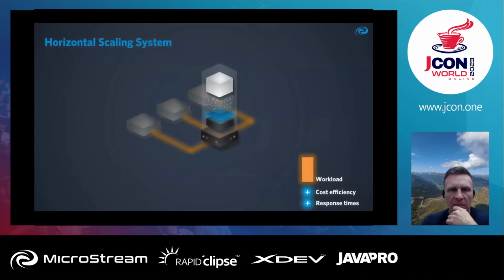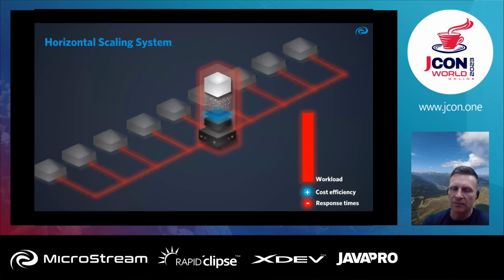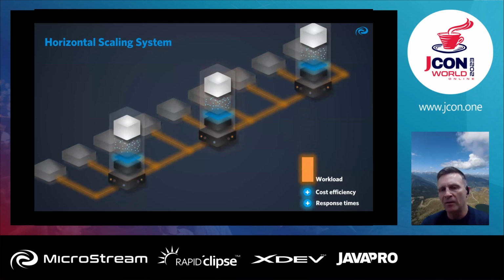This is great, but there are also some challenges, and there are a lot of challenges for us. So this is how it actually works. Horizontal scaling means if your load goes up, then your system is in trouble. So now you want your system to automatically start up additional nodes to distribute the load, to be more cost efficient, to provide fast response time.